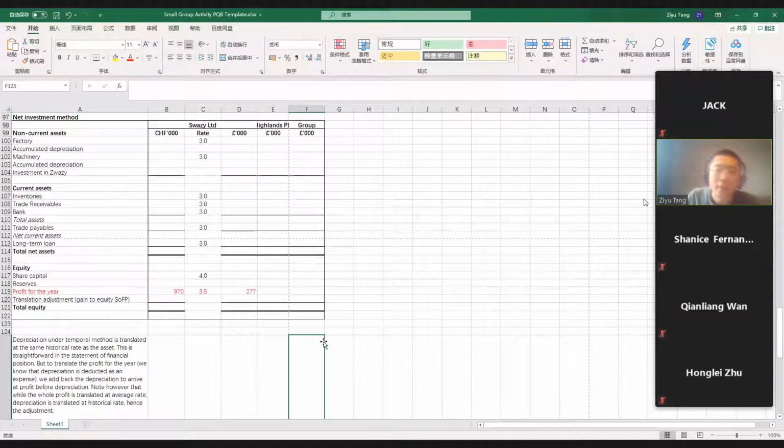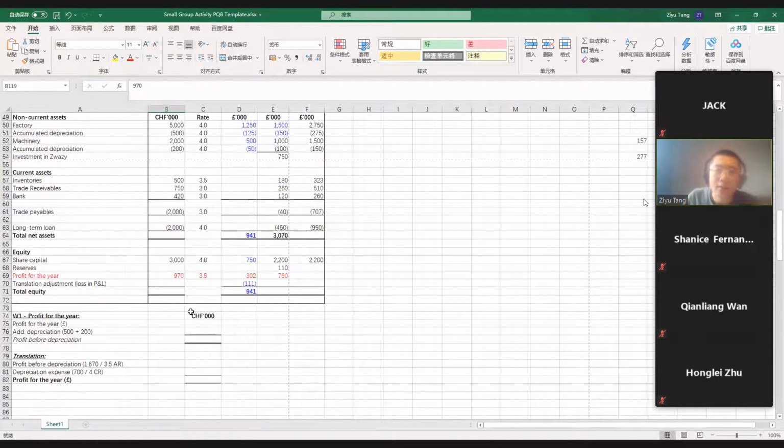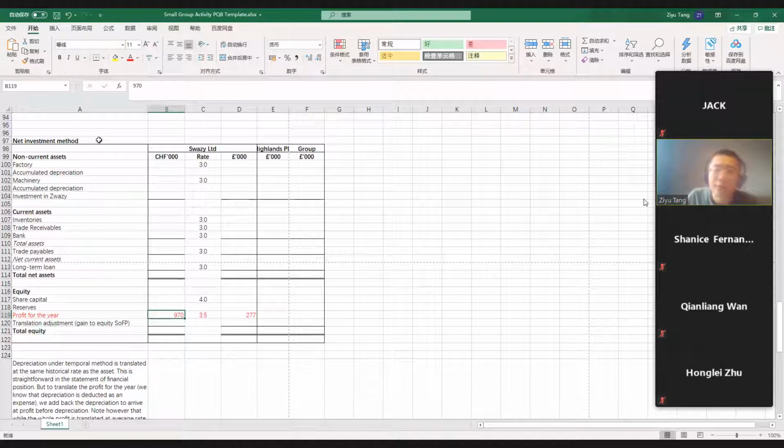So my interpretation is that although the profit for the year has the same figure as before, in the net investment method, the method to calculate the profit for the year has actually changed.